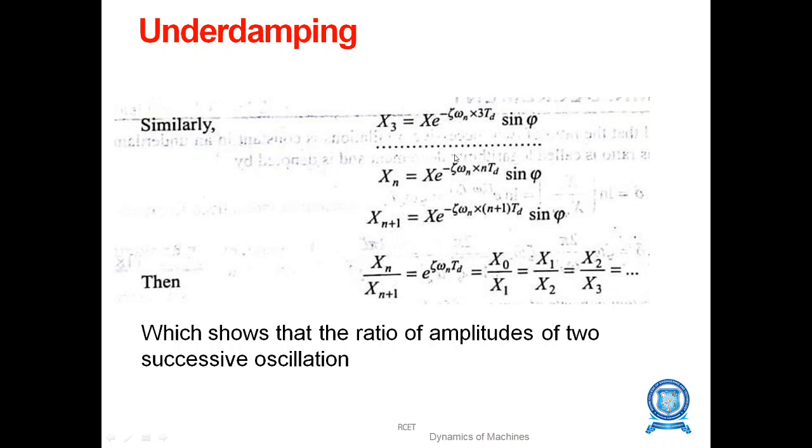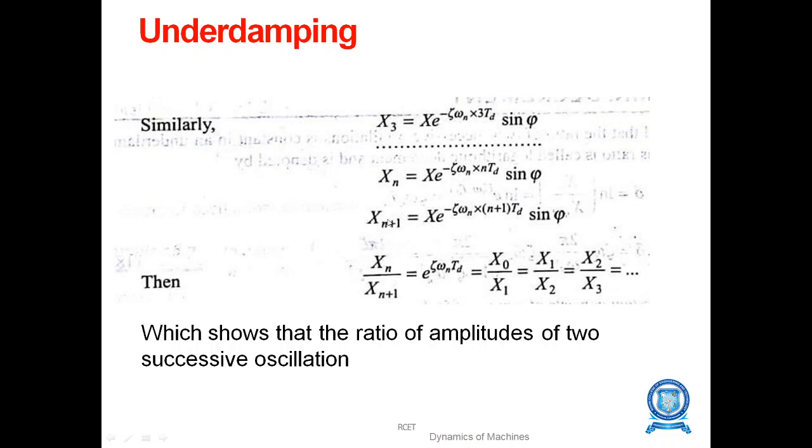Similarly, for the h3 value, we get capital H into e power minus eta omega n into 3 td sin phi. Therefore, for n values, we get H into e power minus eta omega n into n td sin phi.